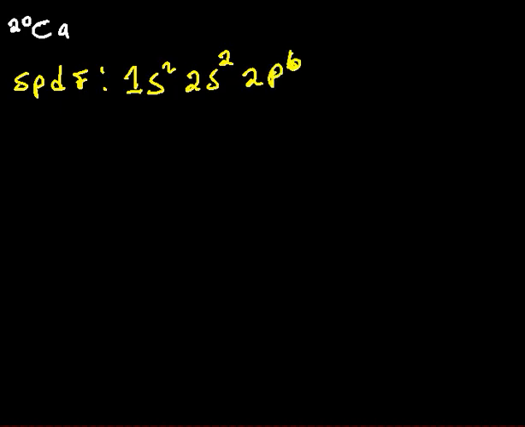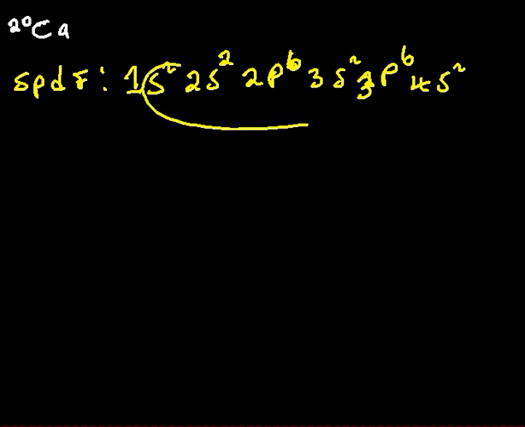Now we are remaining with 10 electrons, and we have 3s2. So these are 10 electrons, 2 from it means we are remaining with 8 electrons, and from 3s2 we go for 3p6. So we'll be remaining with 2 electrons, and from 3p6 we have 4s2. That is the SPDF configuration of calcium.